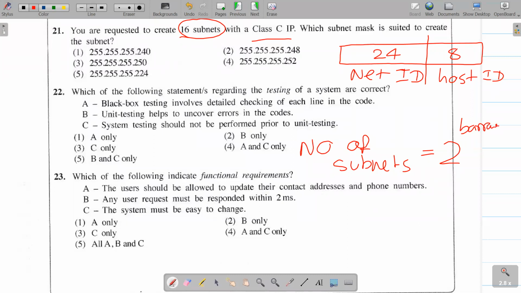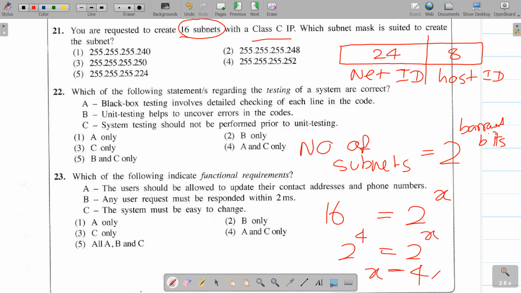So 16 equals 2 to the power x. 16 is 2 to the power 4, which equals 2 to the power x. x equals 4. That means you are going to borrow 4 subnet bits.